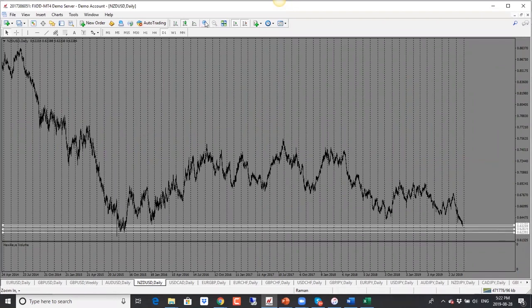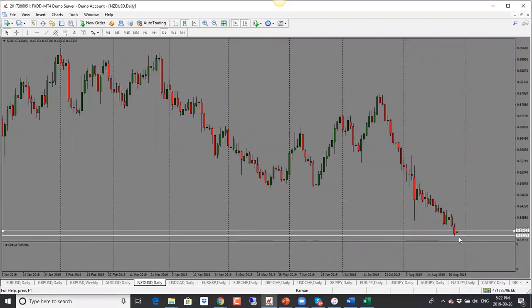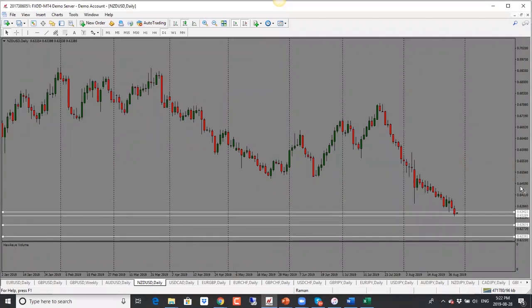But bias is still to the downside based on our daily candle close and looking for it to drop further. First target is 0.6280, then 0.6240. So bias is bearish here.